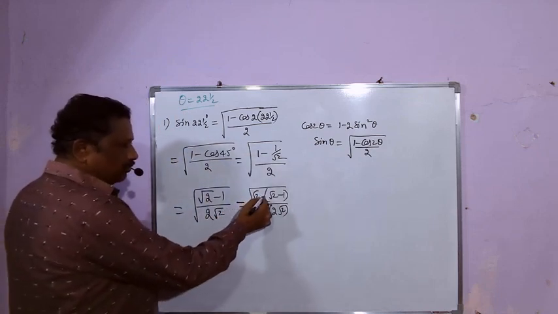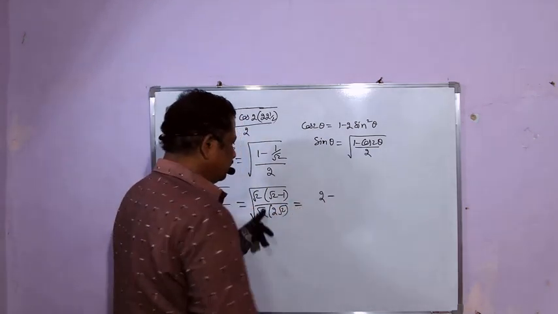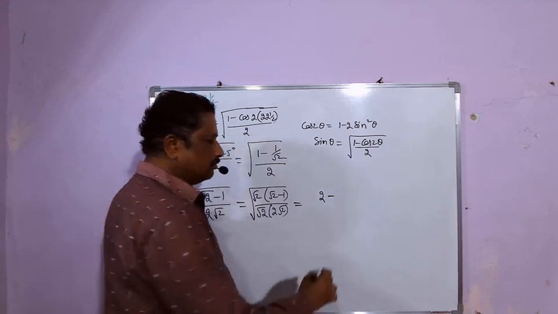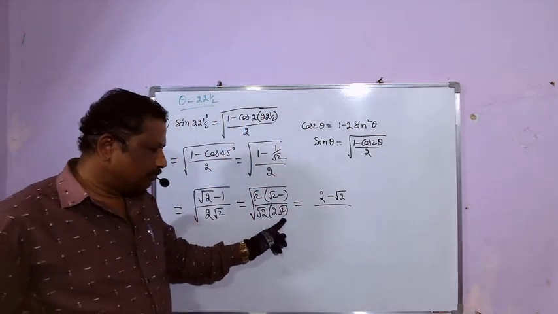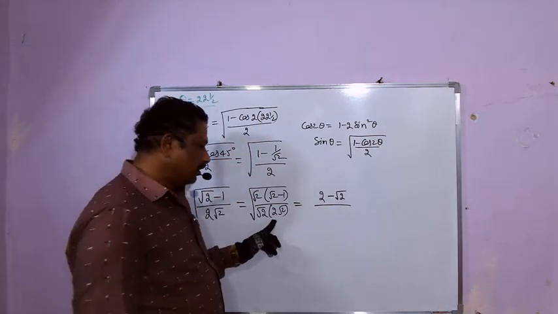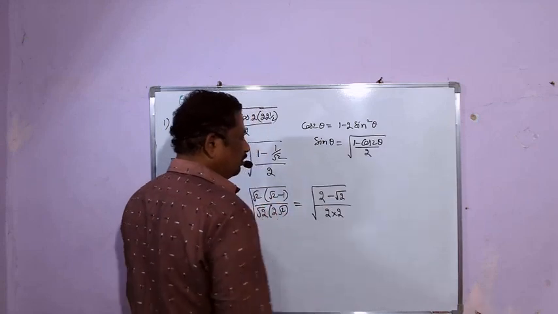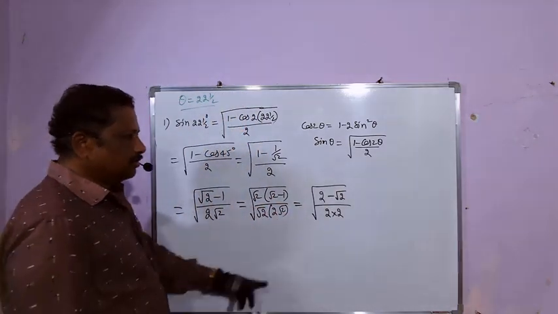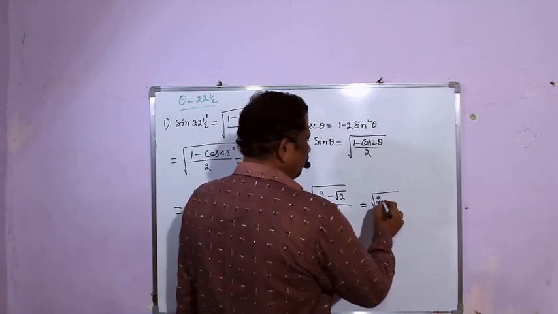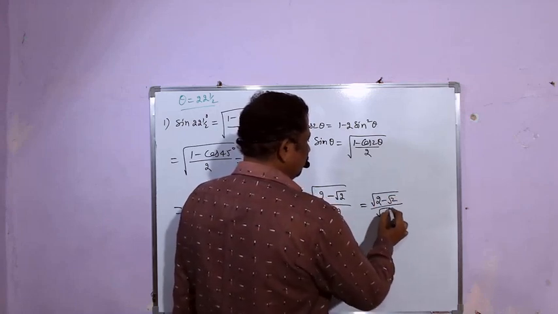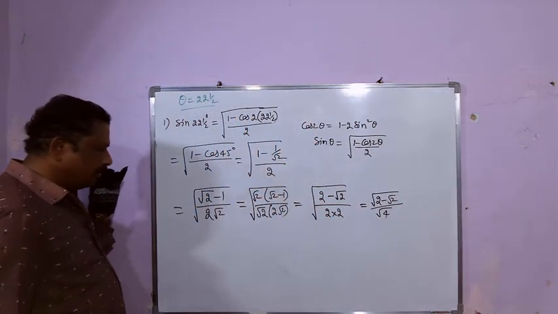So root 2 into root 2 is 2, minus root 2 into 1, root 2, divided by root 2 into root 2, 2, and already we have 2, so 2 into 2, total comes under root, which becomes 4. So root of (2 minus root 2) over root 4, and root 4 value is 2.